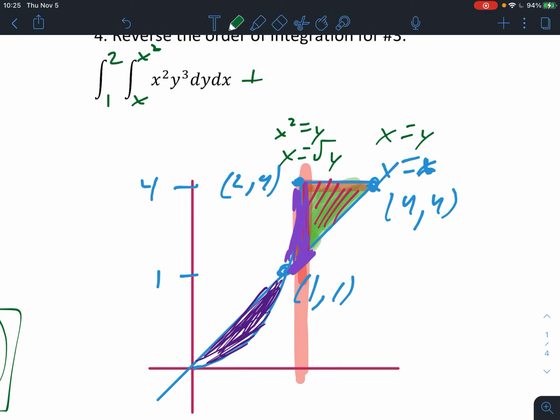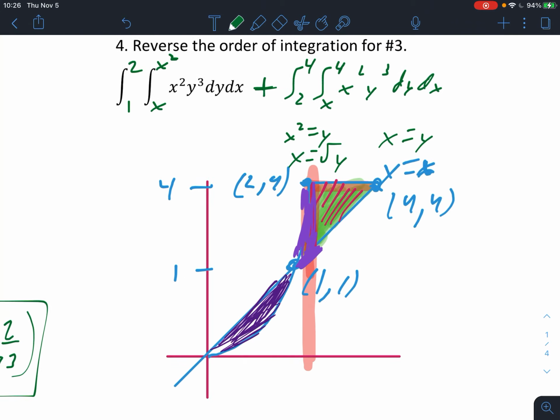And then the second, the little green triangle that we have there, this is the second integral. If we do our double integral of x squared y cubed dy dx, the x bounds are 2 to 4, and the y bounds are from y equals x to y equals 4. So that would be how we switch the order of integration for that one.